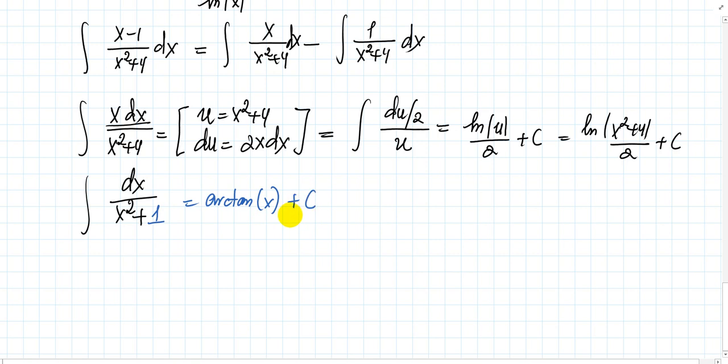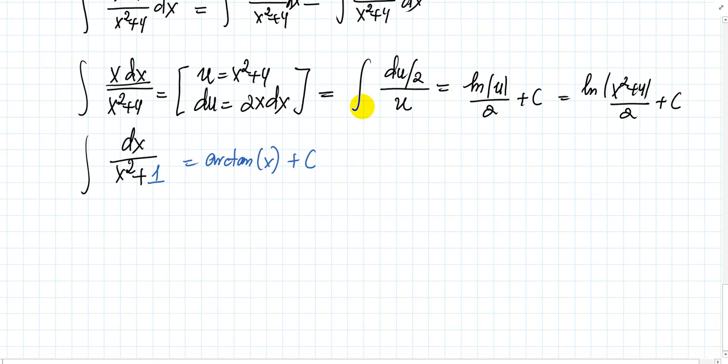Because do you remember, the derivative of the arctangent was 1 over x squared plus 1, right? Okay, but I have 4. What I need to do? I need to force this 4 to be equal to 1. You need to make it 1.